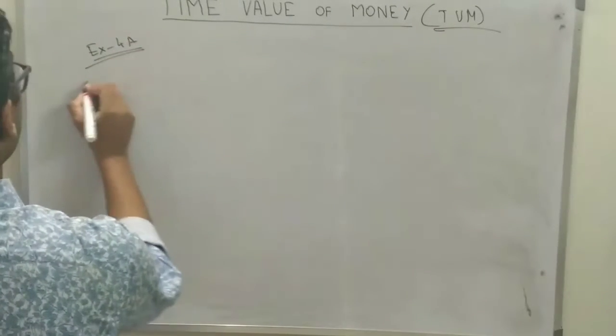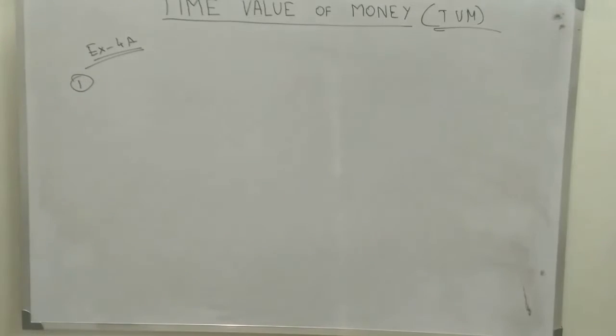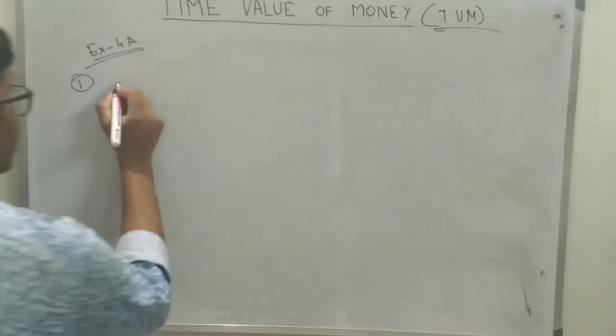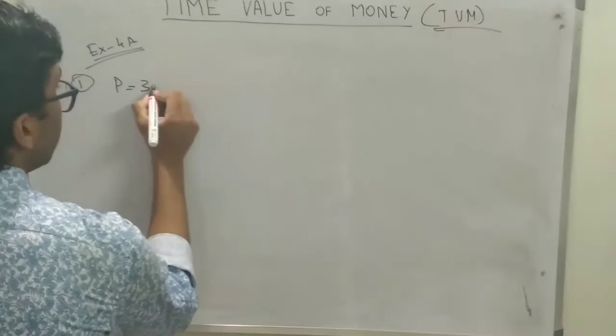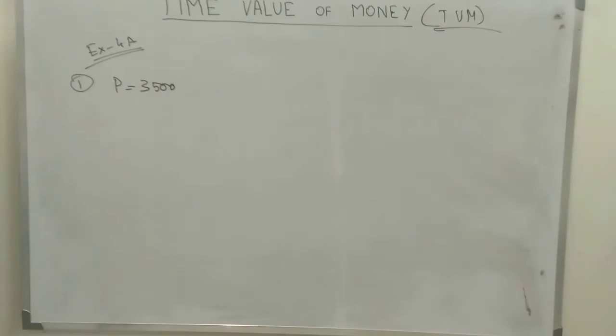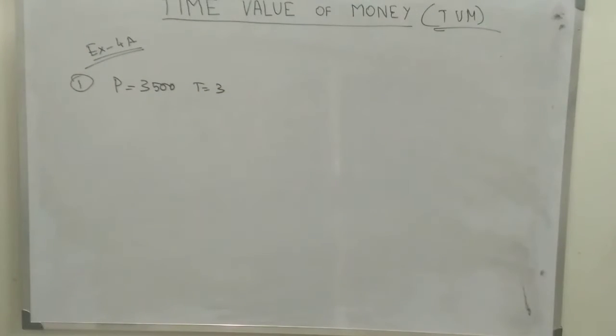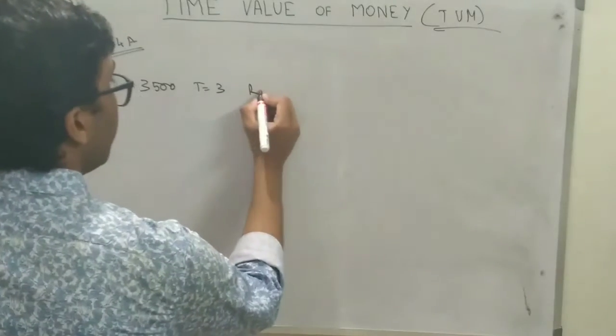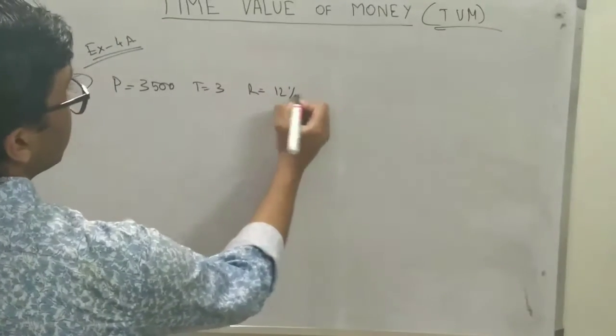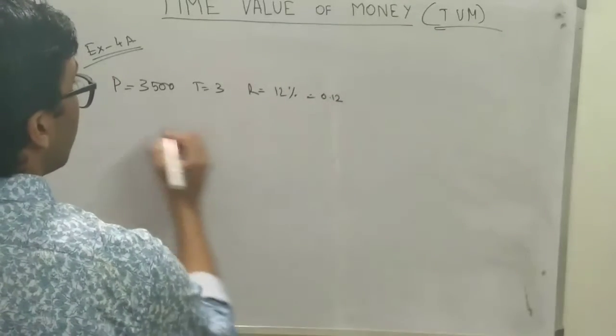Exercise 4A, first sum. It is said that simple interest on rupees 3500, that means this is the principal amount, for 3 years. Time is 3 years at 12% per annum. That means the rate of interest is 12%, which means 0.12.